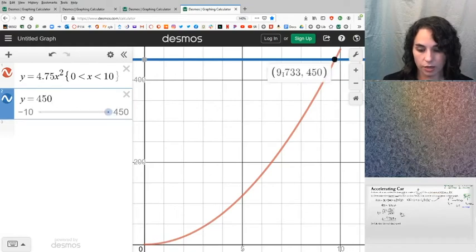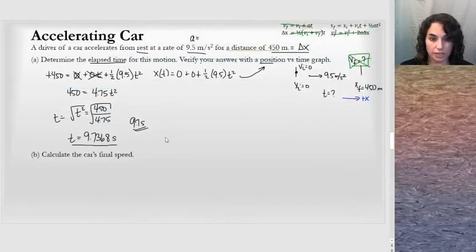And now we have 9.733. That's what I had, 9.7 seconds. It reaches 450. So that's how you can verify your answer with a graph. You will need to show your answer algebraically. You will need to show this work, but you can verify your answer with a graph.